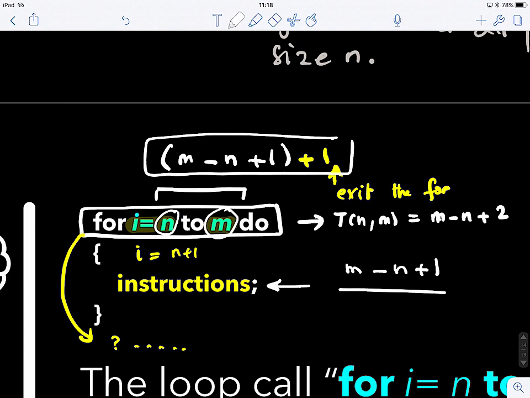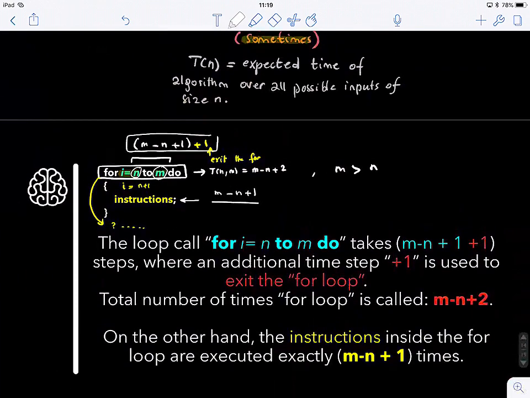Next, we're going to see the while loops and the if statements, and for these we need to distinguish between two cases, whether the condition is true or false. To wrap up, the for loop from i starting at n to m takes m minus n plus 1 times, plus another one. So these are the number of steps, where an additional time step, plus 1, is used to exit the for loop.